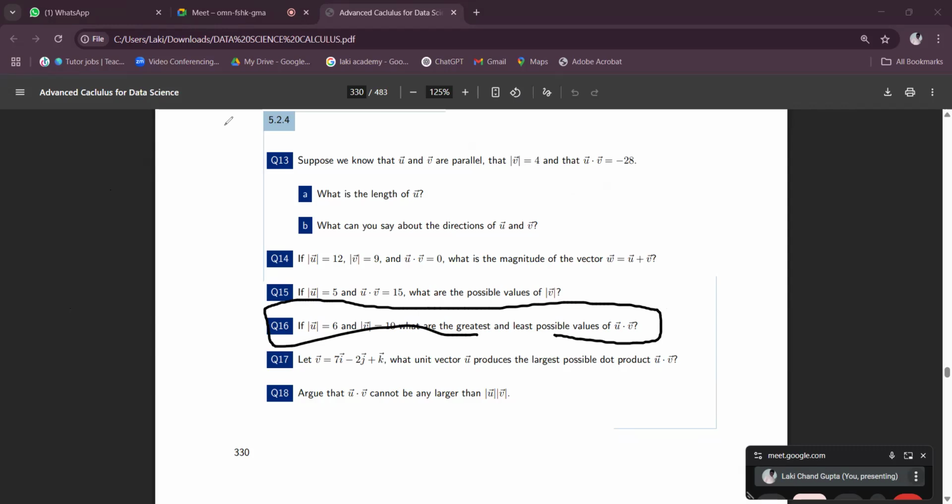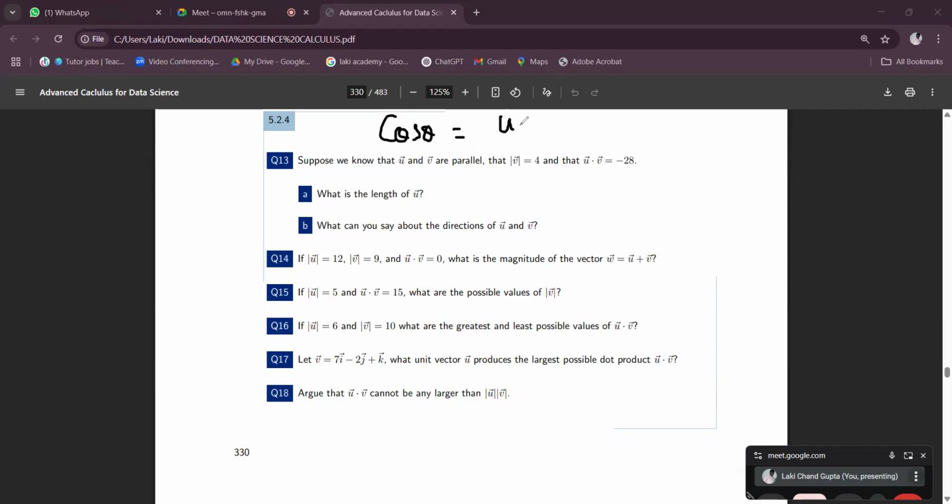It's very easy, don't worry. You know cos theta is what? u dot v over the modulus of u multiplied by the modulus of v.